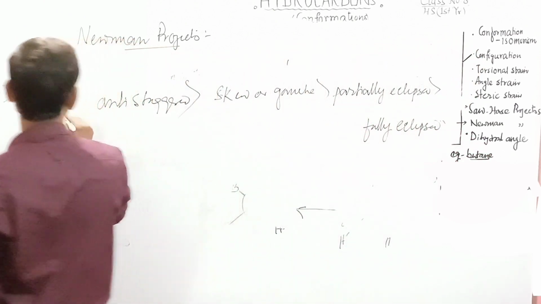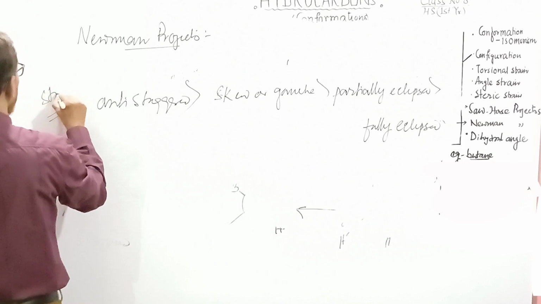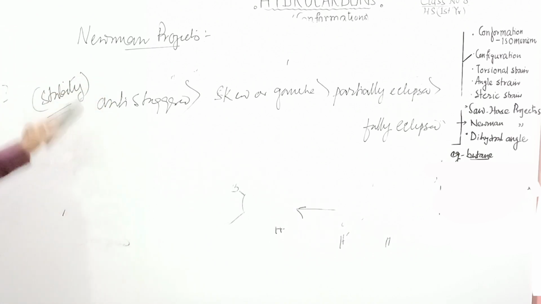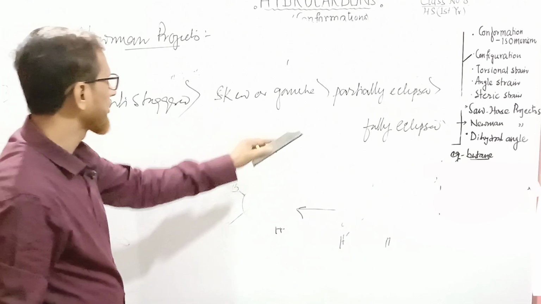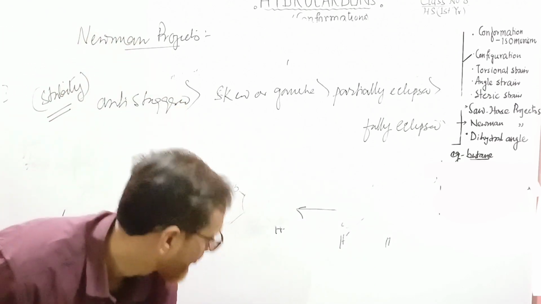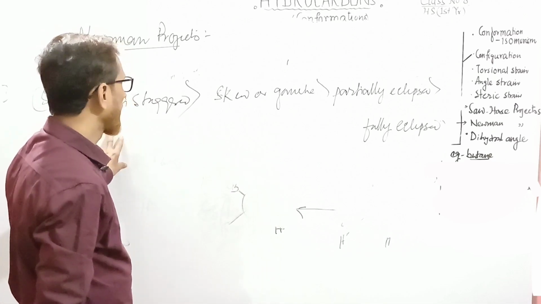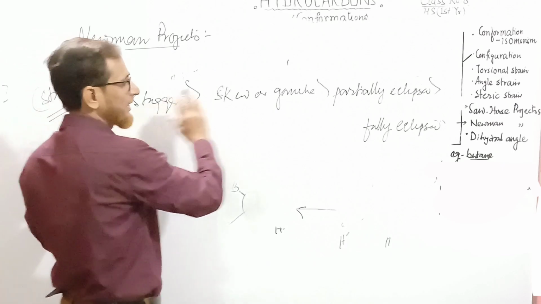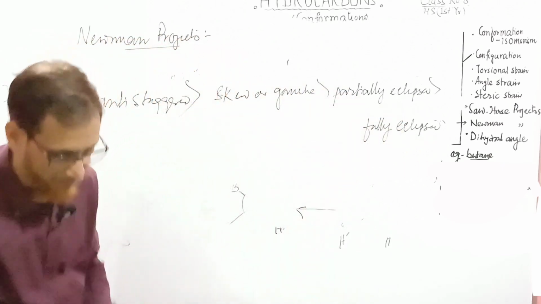This is the stability order of conformation of butane if you assume in this way. It has got less energy, it has got highest energy. Less energy is the most stable, highest energy is the least stable.